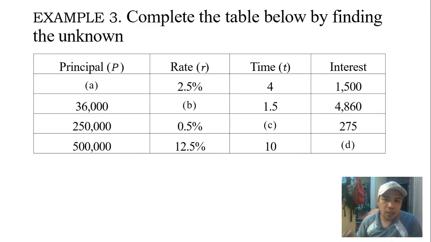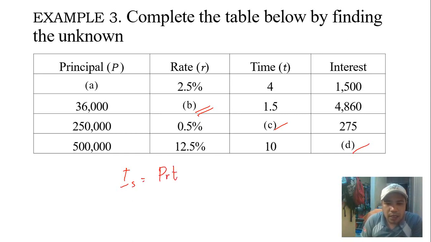So, if we want to complete the table, we will be using the formula and going back and forth. We will try to derive the formula for R, T, the interest, and the principal. So, IS is equal to PRT.